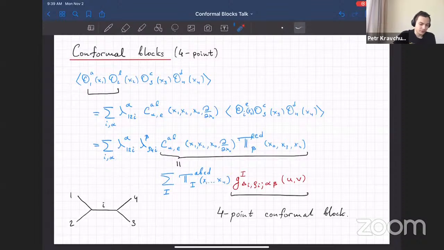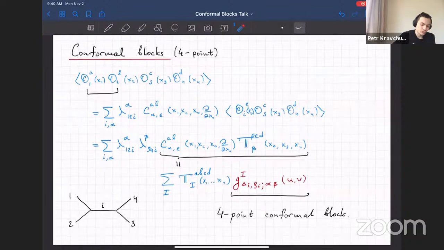And so we can take our 4-point function and express it as an infinite sum over some intermediate operators O_I, each term being a product of two OPE coefficients times this combination of the differential operator C and the 3-point tensor structure. Both of these objects are fixed by conformal symmetry. So their combination is also fixed by conformal symmetry, and it has the conformal transformation properties of a 4-point function.